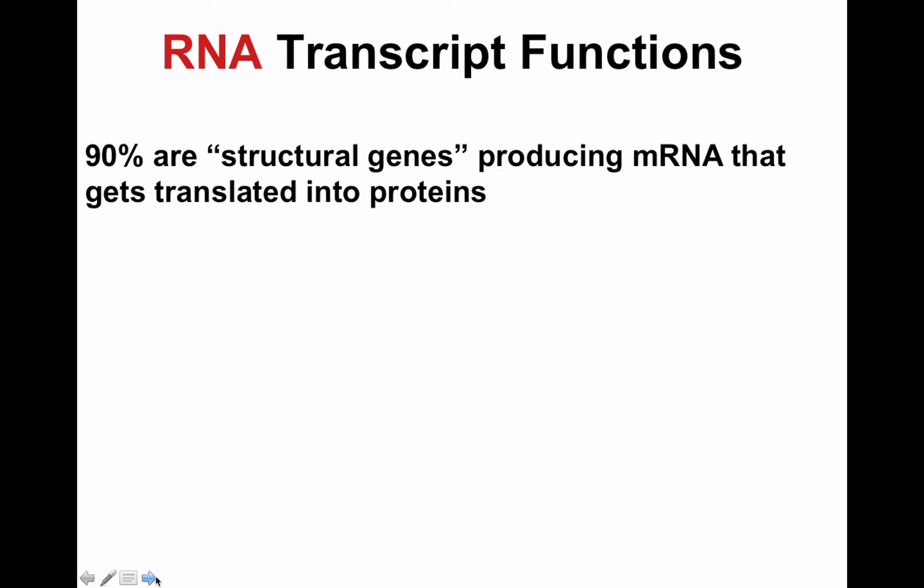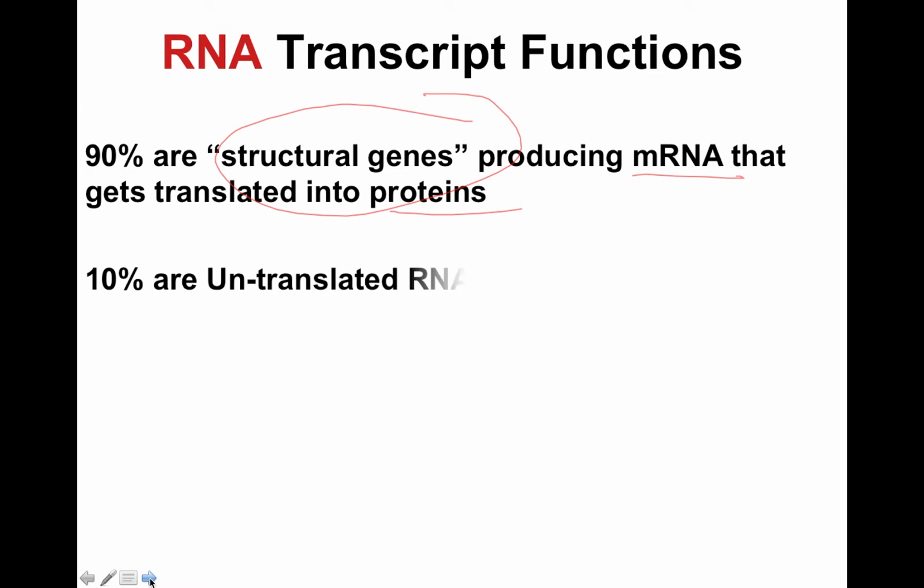RNA transcripts have two major types of function. 90% are known as structural genes. They encode messenger RNAs that go on to produce proteins. In addition, approximately 10% of genes that encode RNAs are untranslated RNAs. In other words, they are not messenger RNAs.